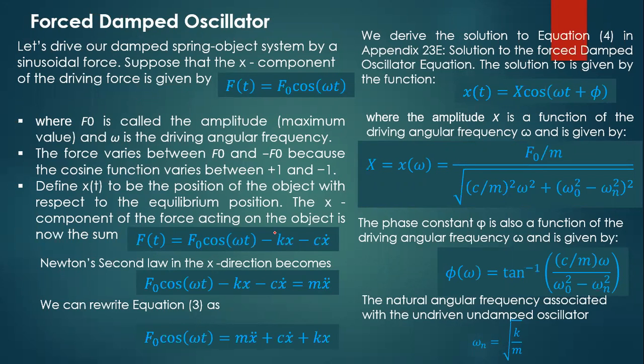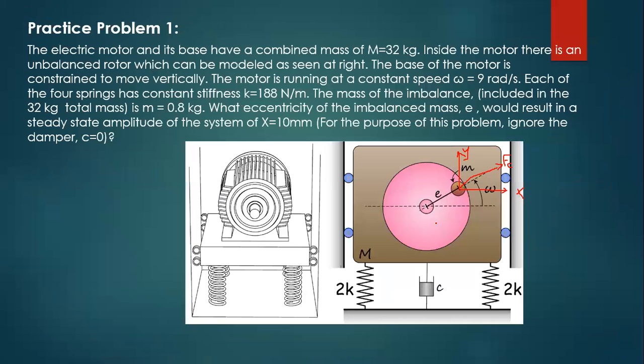The component of the force acting on the object is now the sum of f of t, f naught cos omega t, minus kx minus cx dot. Why? Because we have both damping and stiffness in the system.